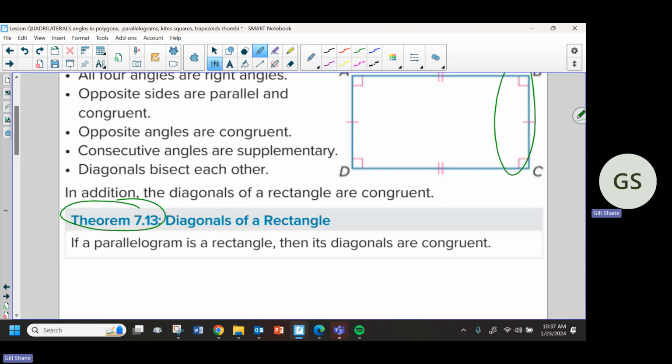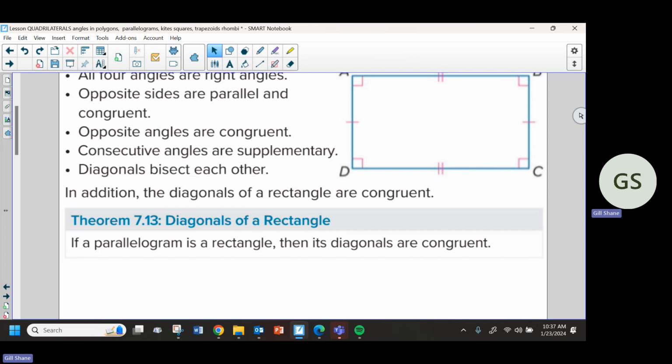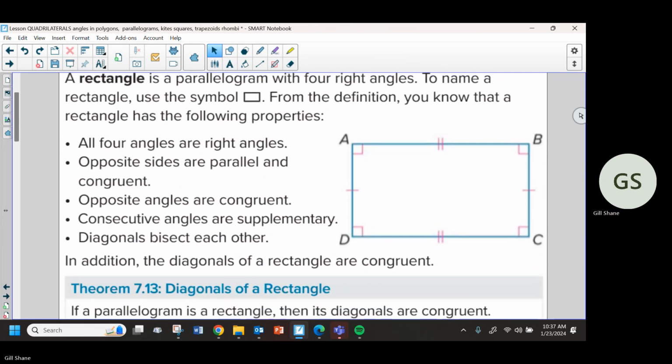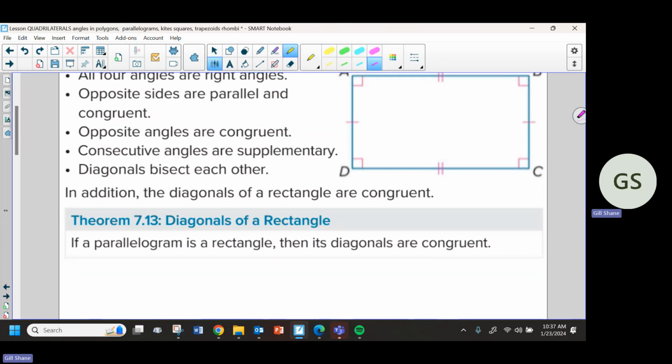So here's the new thing. If I have a rectangle and I draw in the diagonal, we already know what is true because it's a parallelogram.